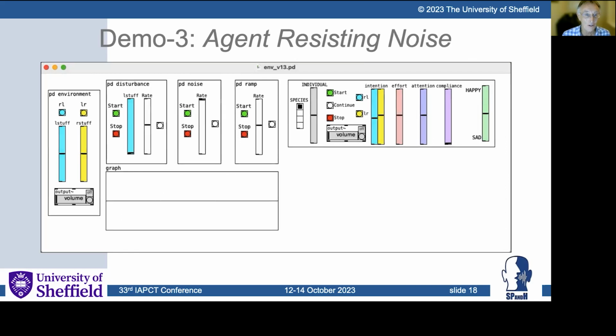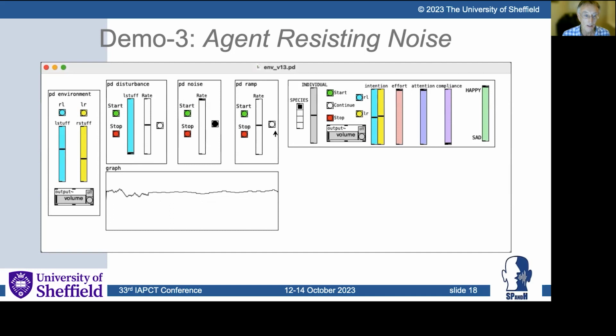Right, so now we're going to put in a disturbance. This is going to be noise, so the middle one. And initially, there's going to be no control at all. And then I'm going to increase the attention and effort and show that it brings the environment under control. So that's starting the noise at a modest level, but I'm going to put it up to maximum.